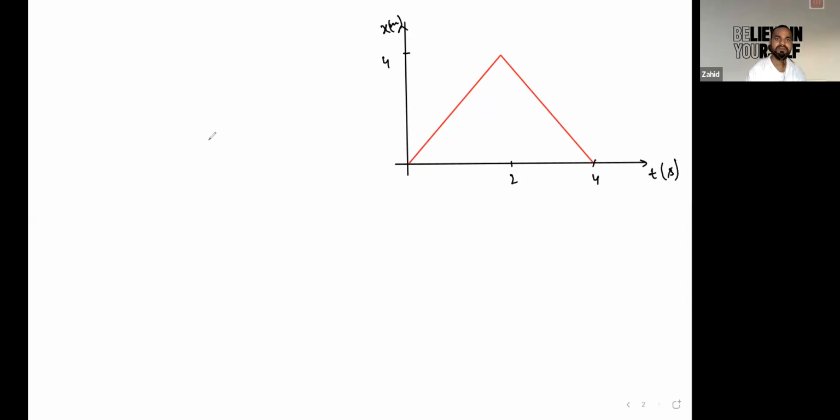For an object having mass m, we have to find the impulse at t equal to 2 seconds.